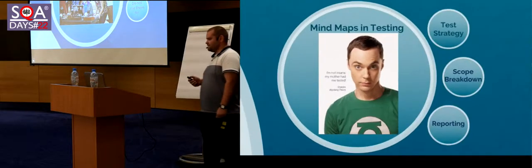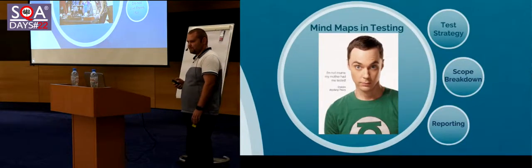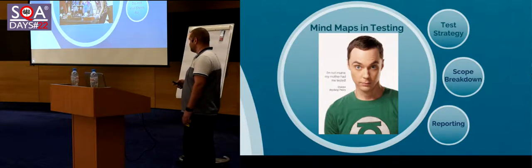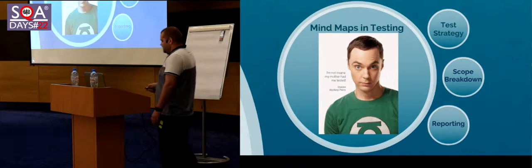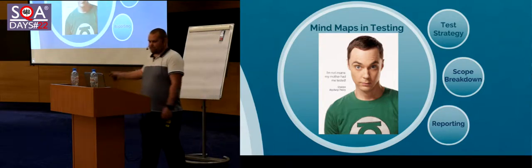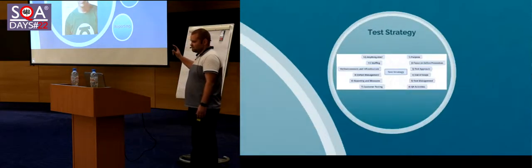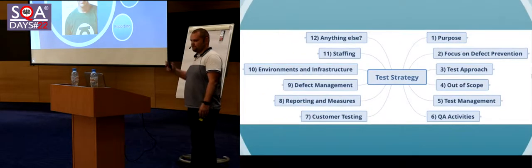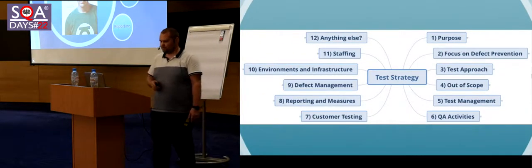And all of these activities require structure. And mind maps are a tool which can provide this structure. I chose 3 most beneficial approaches where you can utilize mind maps.